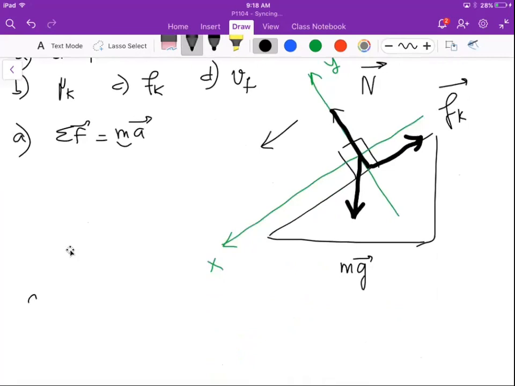And if the acceleration is constant, then we can apply the kinematic equations in this case. But what kinematic equations are applicable?